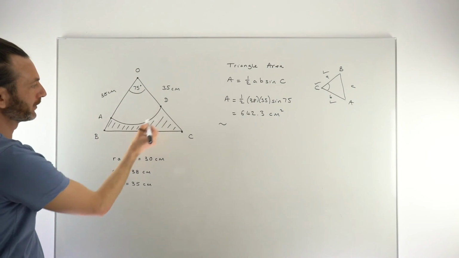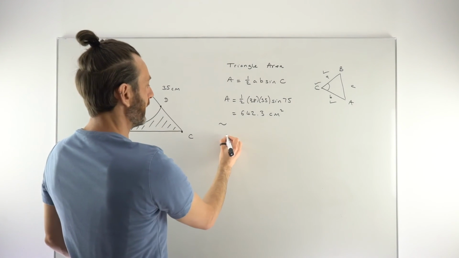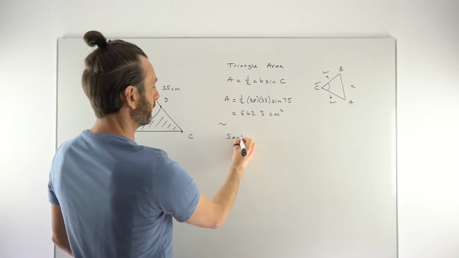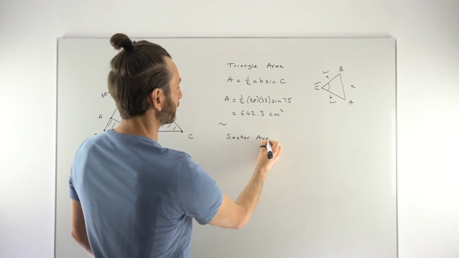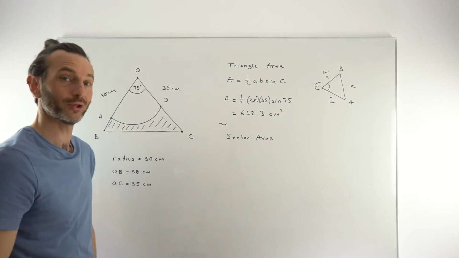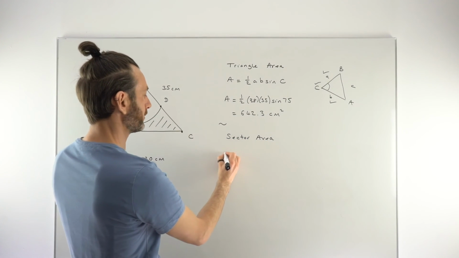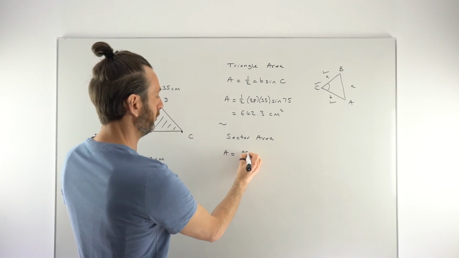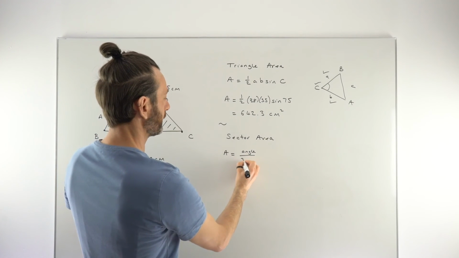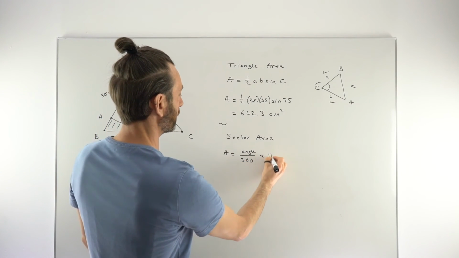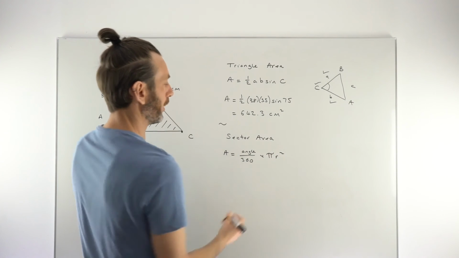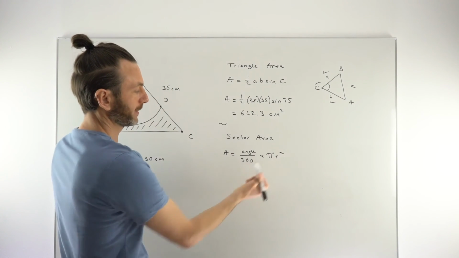Let's now work on the area of the sector. So again, back to thinking, how do I make sector area? Well, there's a formula for that, isn't there? It's not on the formula sheet, unfortunately, this one. So sector area is given by the angle divided by 360 times pi r squared. And if it was an arc length question, it would be angle over 360 times pi d.